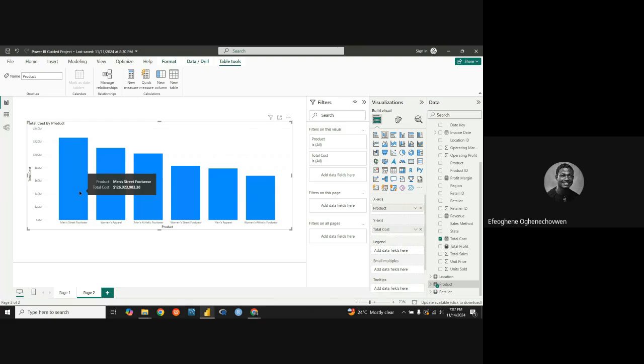Yeah, so these are questions. There are a lot of questions we could ask here. If we have total cost, if men's street footwear is the product category that accounted for the most cost, it should be equivalent to the total profit. Like, you spend more, you should get more.